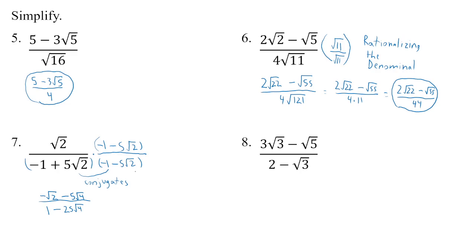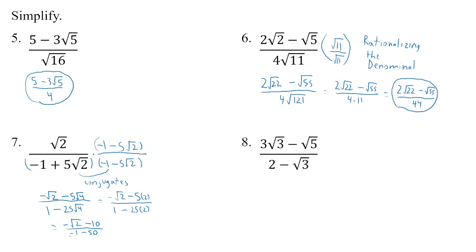Now, we can take the square root of 4. The square root of 4 is 2. So negative 5 times 2 is negative 10, and negative 25 times 2 is negative 50. And that's a positive 1, excuse me.